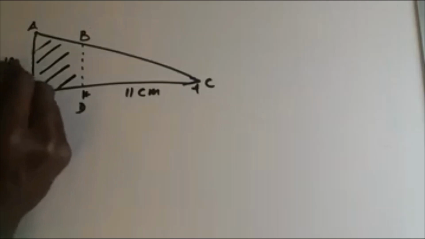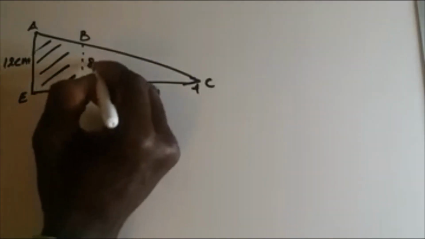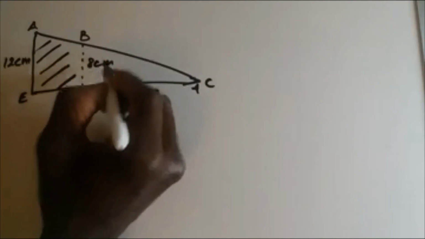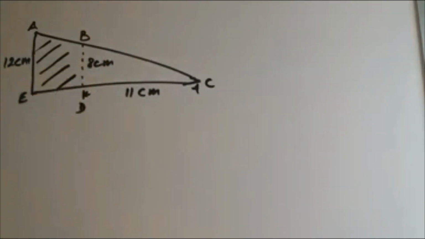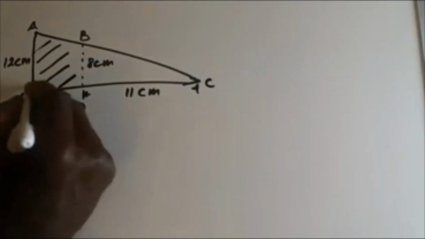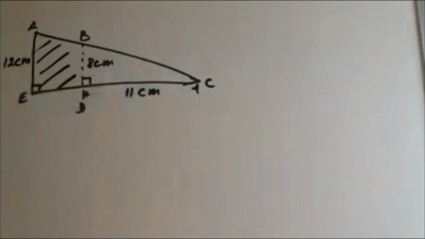We have this side here, we have the height here, and we're given this. We know these are also, we're given that these are right angles. So what springs to mind when you think about right angled triangles?